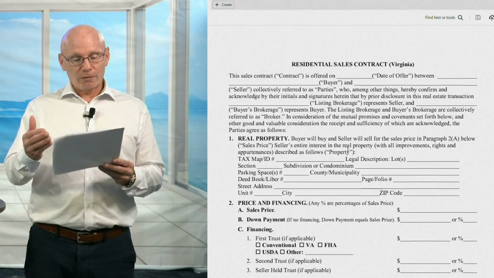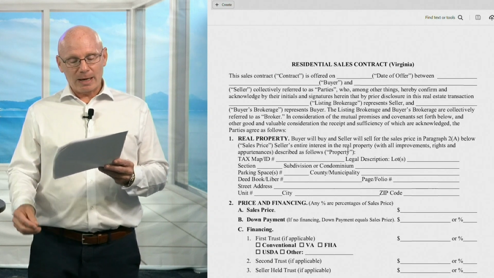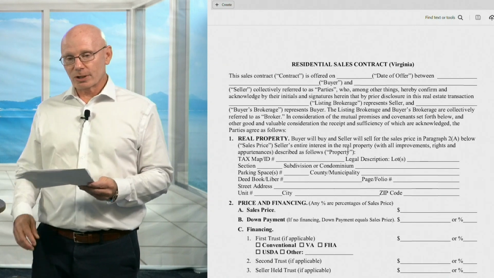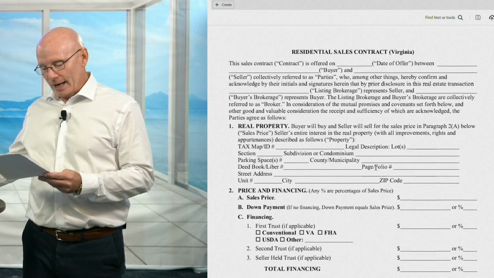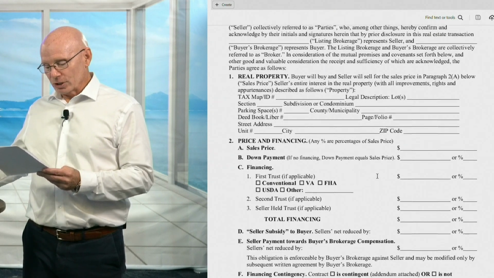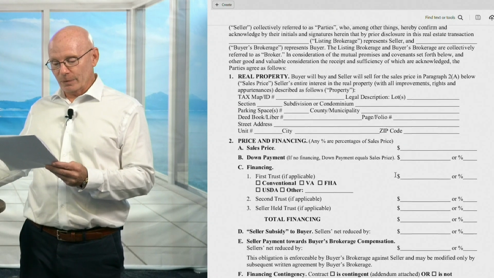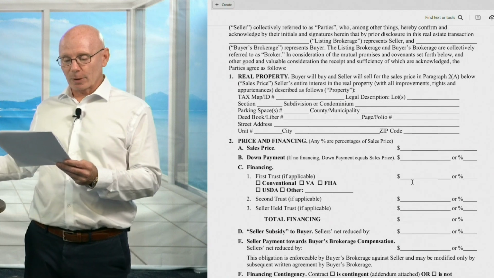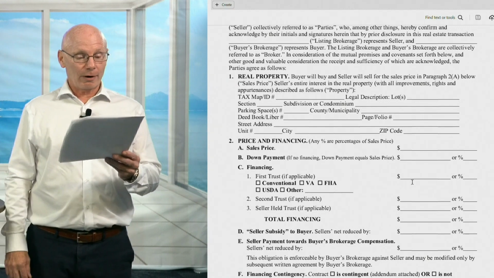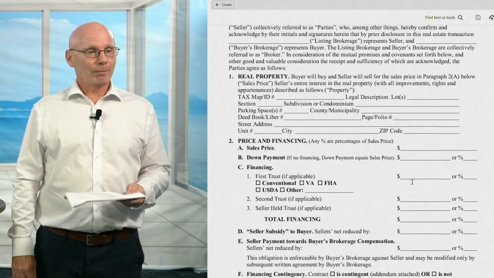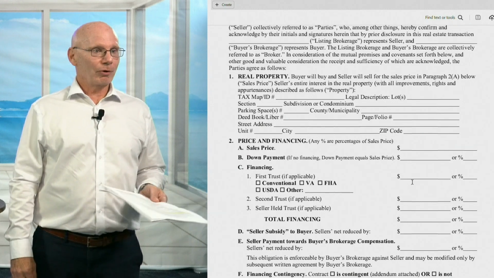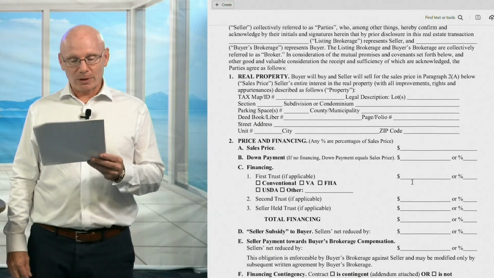So you're filling in your down payment, your financing amount, whether or not there's a second trust, you would fill that out as well. Or if there's a seller held trust, any type of trust, if applicable. Those are probably very rare. Unless you're financing through the seller, you're not going to have to deal with those type of things.